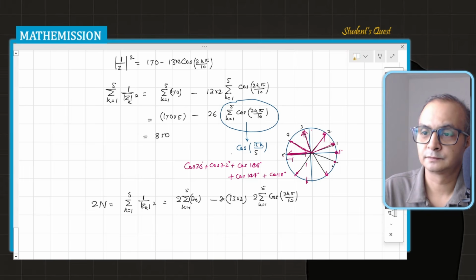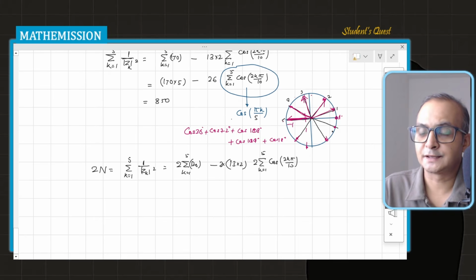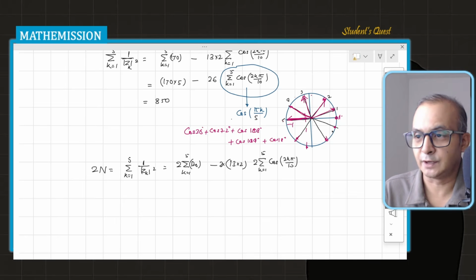Now this 2 means that we are actually taking this one piece twice, the cosine of 2k pi twice. So suppose you are taking the first value at k is equal to 1, that will give you 2 pi by 10, that is pi by 5.